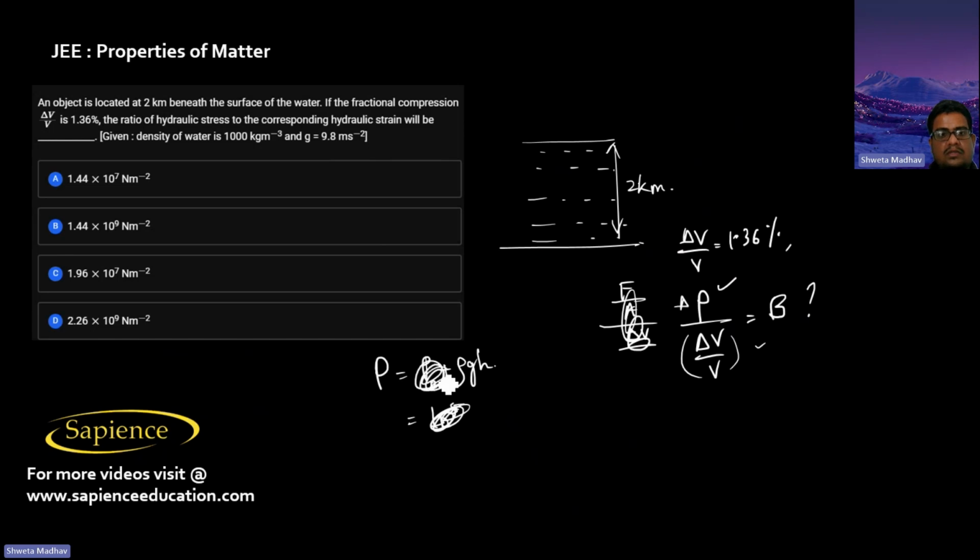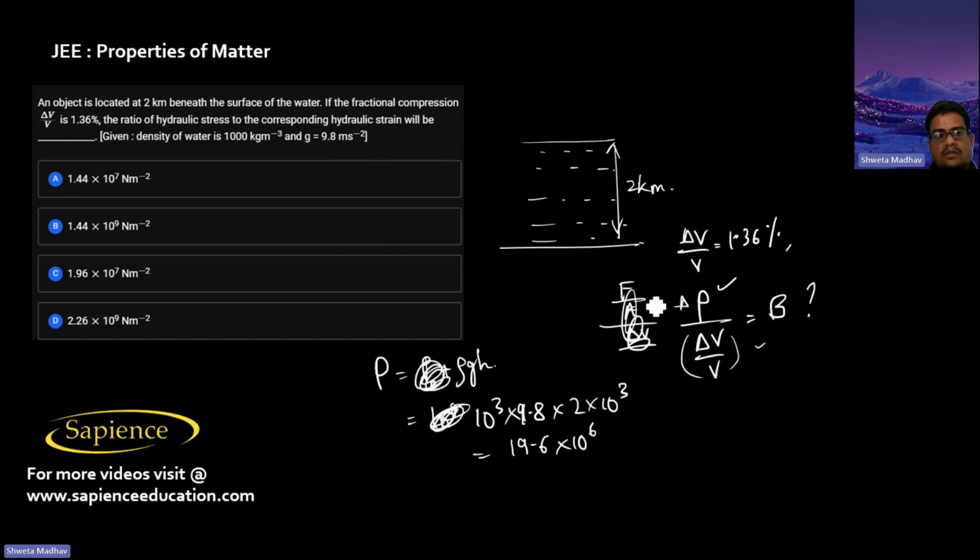P naught has not been told, so rho g h: density is 10 power 3, g is 9.8, into h, that is 2 kilometers, so 2 into 10 power 3. This will be 19.6 into 10 power 6.